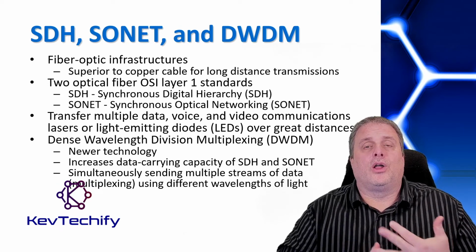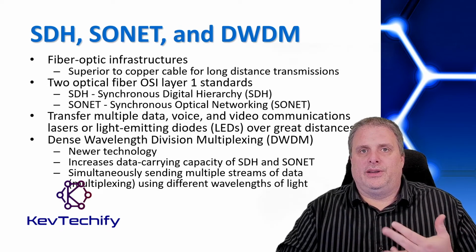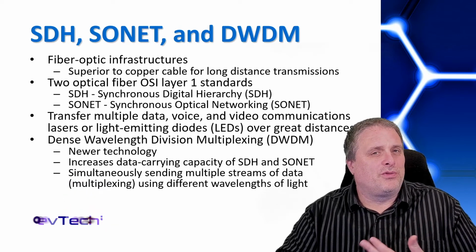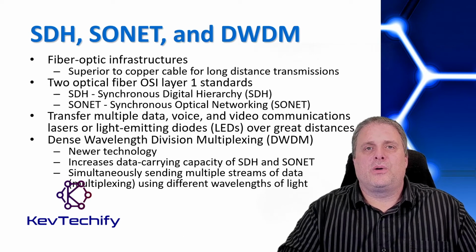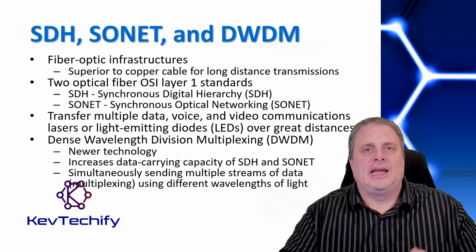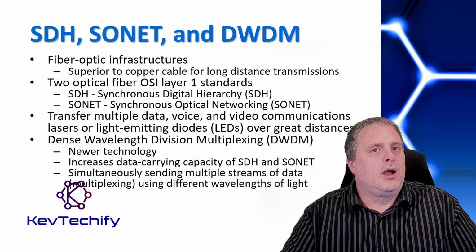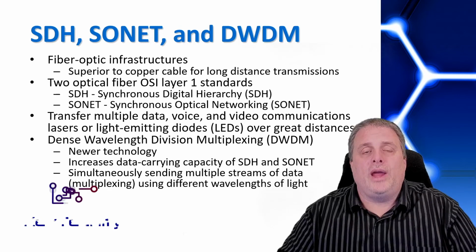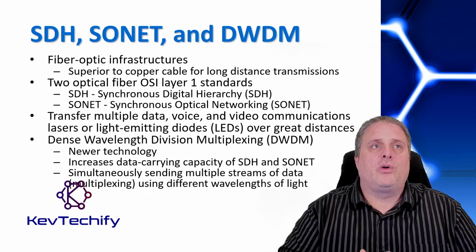They offer longer distances, where copper is usually good for a mile to 2 miles to 3 miles before you need a repeater. Some types of fiber optics can go up to 30, 40, 50. Some are even up to 100 miles before they need to have a repeater put in. And so we can send that data for a long ways before we need to go in, recondition it, and retransfer it out again.